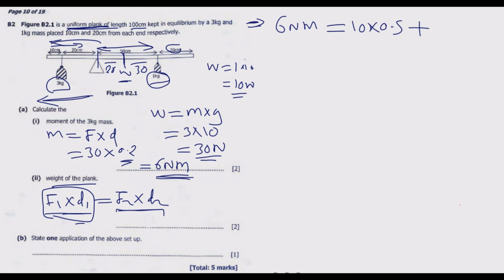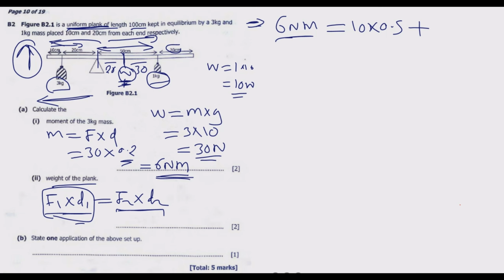Since the weight of the plank is to the right hand side, we need to find its moment. If it was the left hand side, we would add it to this side, but since it is to the right hand side of the pivot, it needs to be added to the other side, so that all the moments from the right hand side are added. Then we equate them to the one to the left hand side.